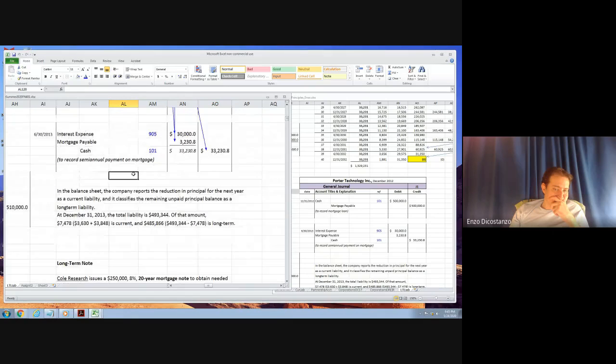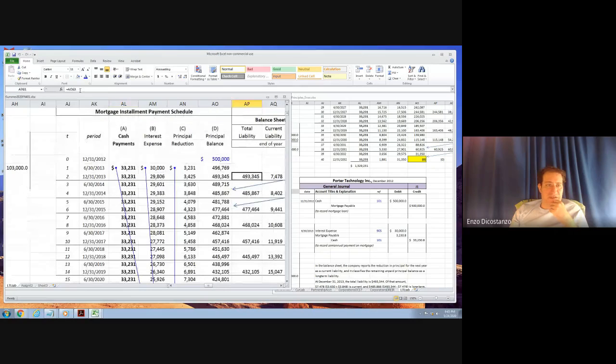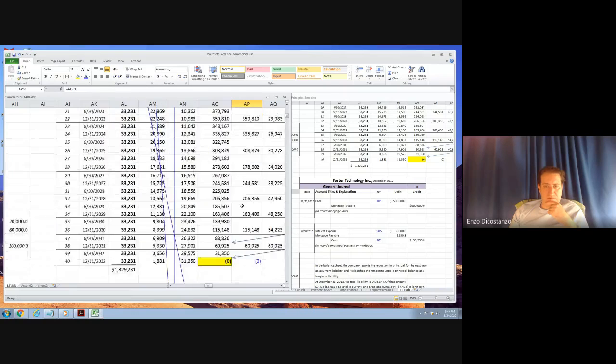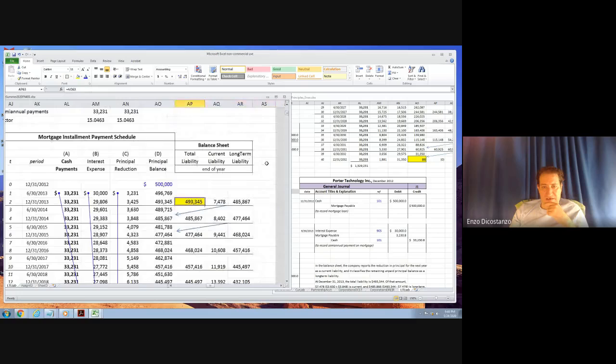Okay. So the total liability is 493, which is right there, $334, and then what's current and what's long term. Right, these are the current and long term, 478 and 45.